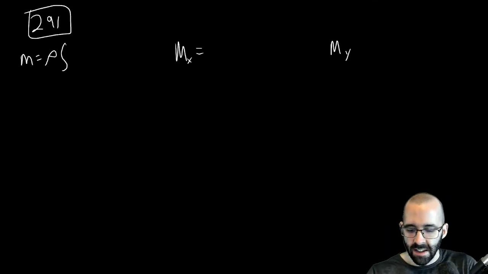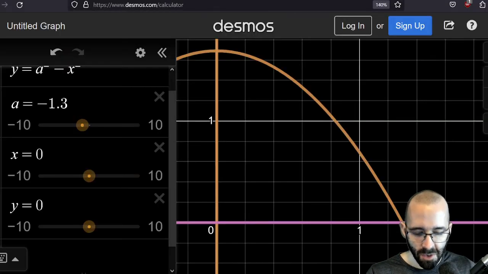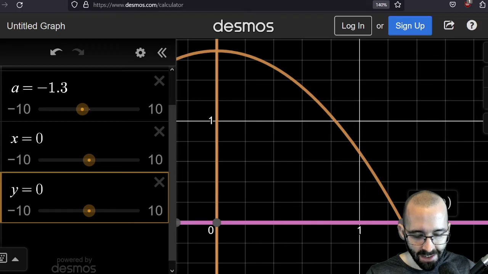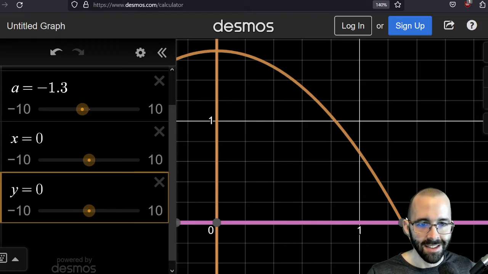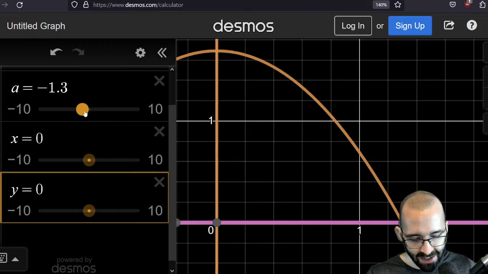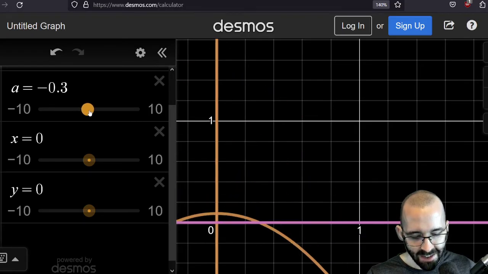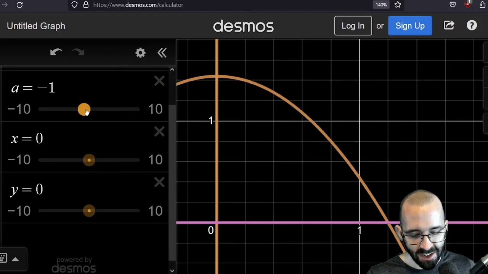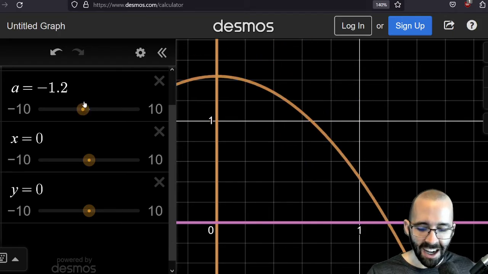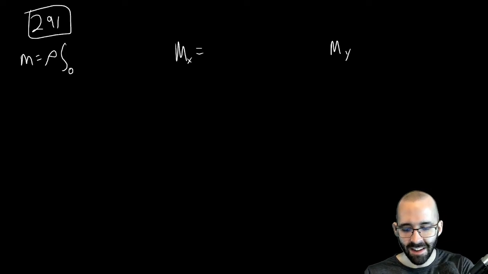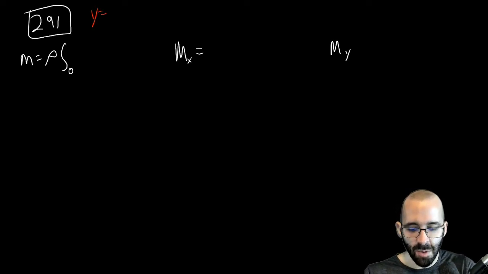So it's going to be the density integrating from 0 to what? Well, it depends on what a is, right? We're looking at this region in the first quadrant. So we need the x-intercept here. Well, it's y equals a squared minus x squared.